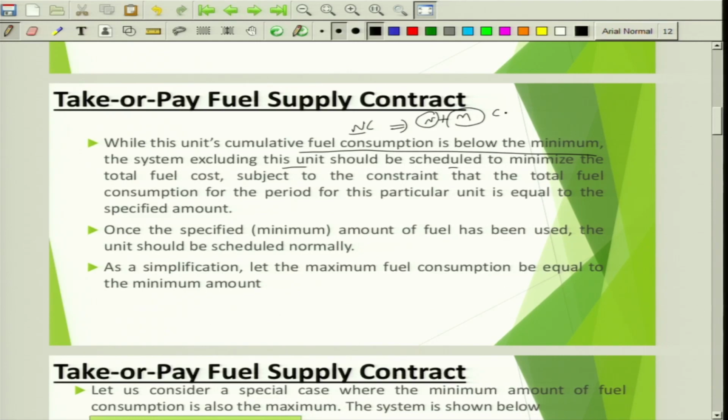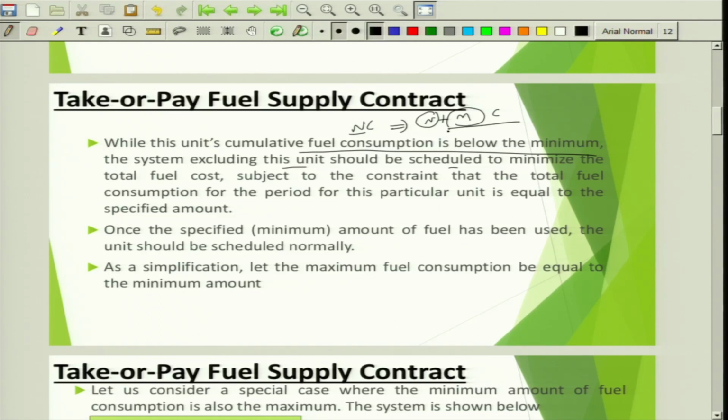Now what it says is, while this unit's cumulative fuel consumption is below the minimum, the system excluding this unit should be scheduled to minimize the total fuel cost.